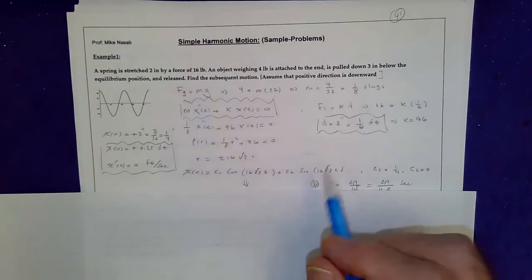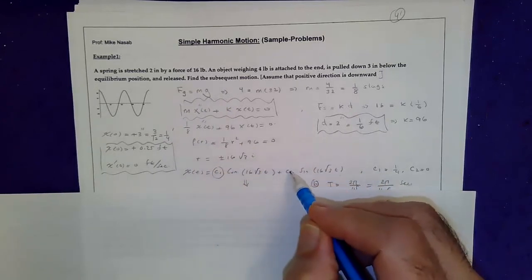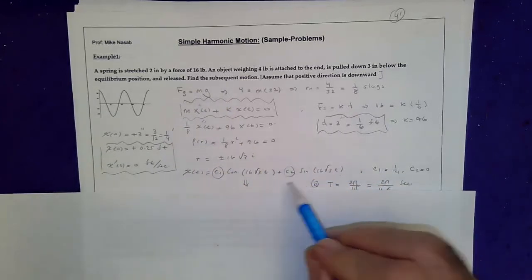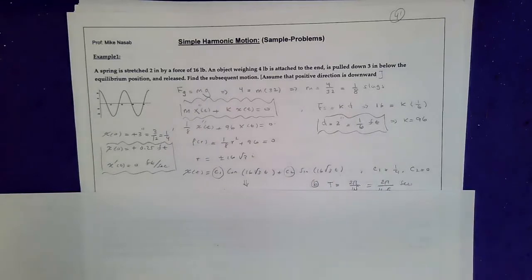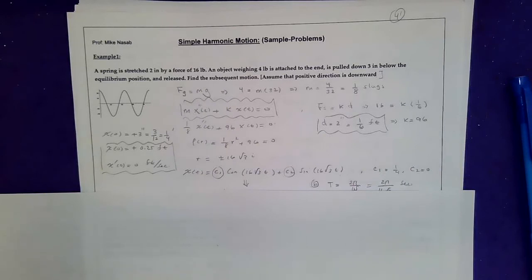But now we need to impose the initial conditions to find these constants, correct? Because this kind of general solution is not acceptable in real life. In real life, we always look for a particular solution, one of a kind.